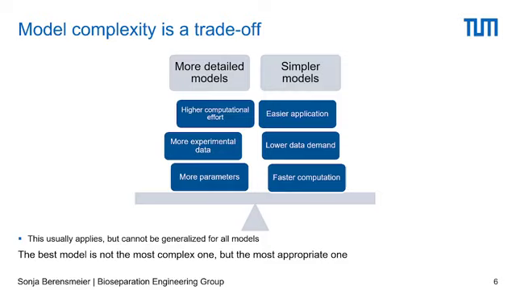On the other hand, more detailed models normally require a higher computational effort, they need more data, and most of the time they're also made up of more parameters. The upside of the more detailed model obviously being that it can maybe catch some effects of the real system better. Maybe the simple model is just not enough in representing a complex system.